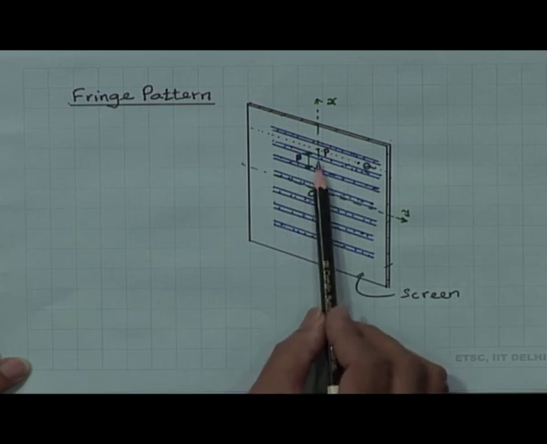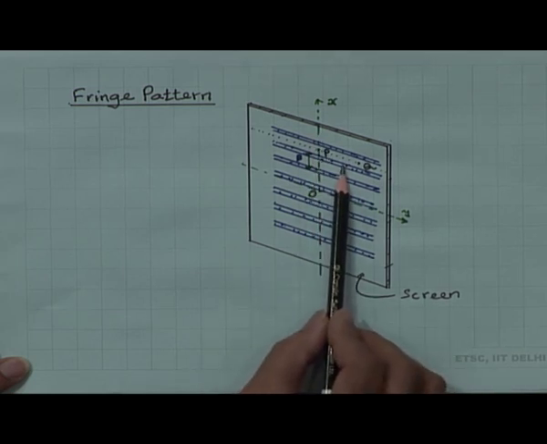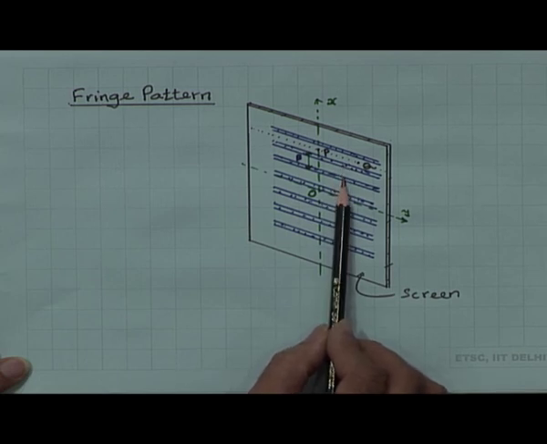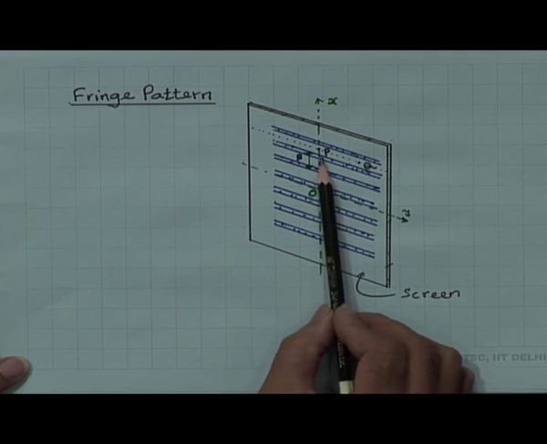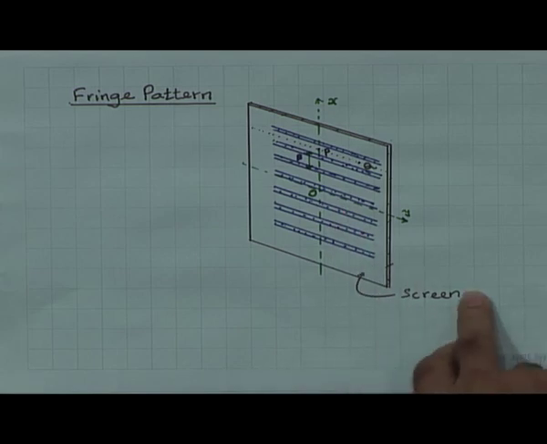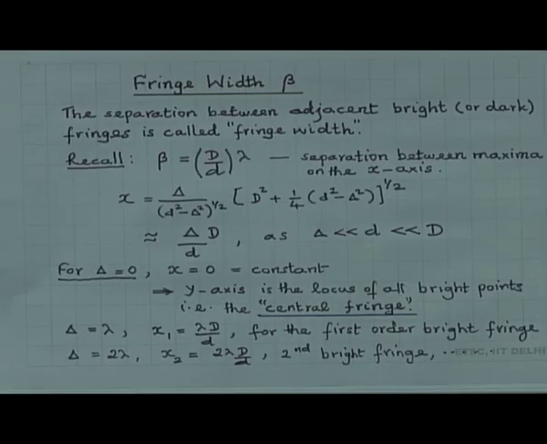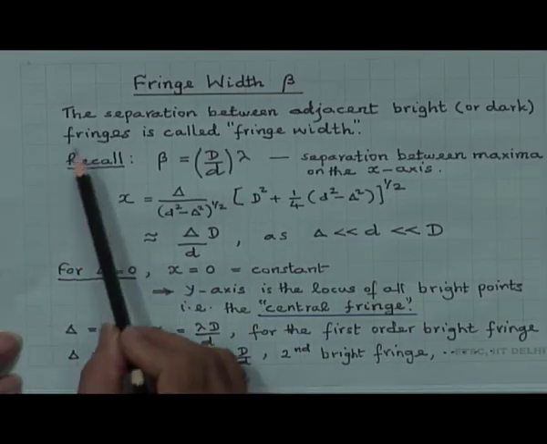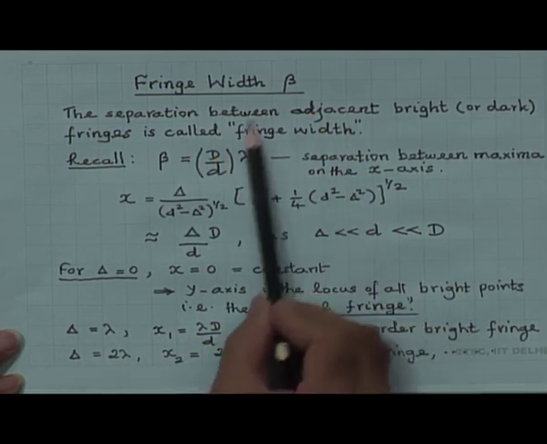Therefore, if we determine the separation between the intensity maxima along the x axis, it is nothing but the fringe width, that is, the separation between two adjacent bright fringes. So, this is what we had discussed earlier, and here I come to the last part, fringe width. The separation between adjacent bright or dark fringes is called the fringe width.